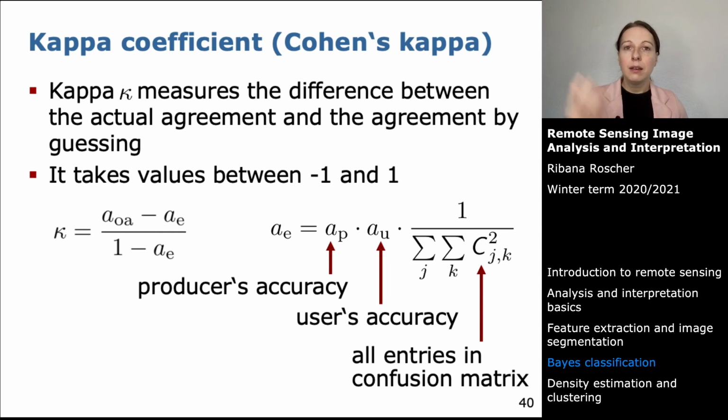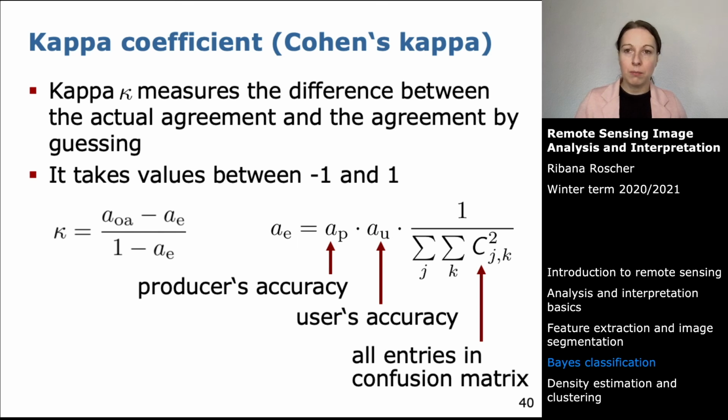So here the whole characteristic of the confusion matrix is captured in this value, so that you can produce such a characteristic of your classification result.